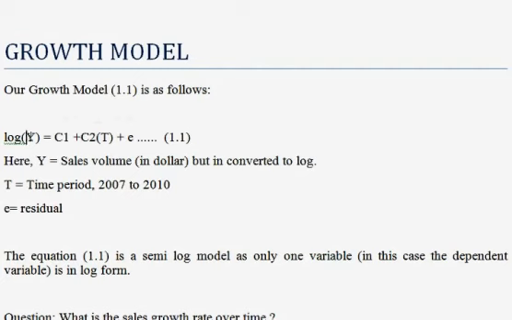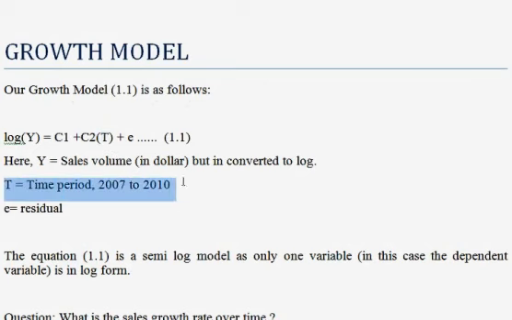And here, what is y? Y is the sales volume. But what I have done, I have converted the variable into log y. You can see, the variable has been converted to log y, and c1 is the constant, and t is the time period.